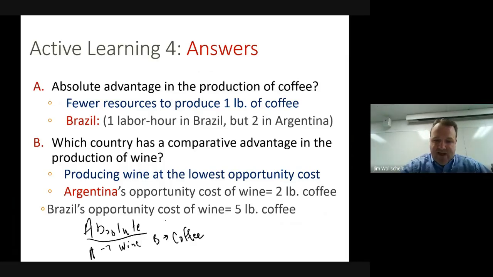That's the easy one. So if you have the absolute advantage and it's split, then the comparative advantage will always be split and will always be split the same way.